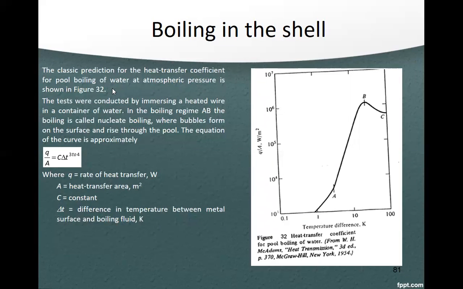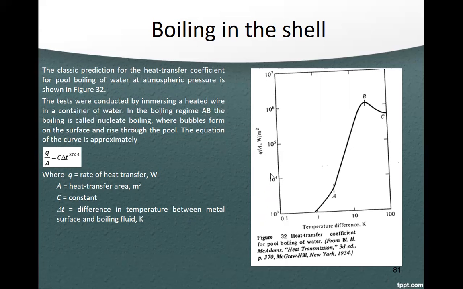So ito, heat transfer niya meron din dito, di ba? The classic prediction for the heat transfer coefficient for pool boiling of water at atmospheric pressure is shown in figure 32, the temperature difference and the Q over A. The tests were conducted by immersing a heated wire in a container of water.